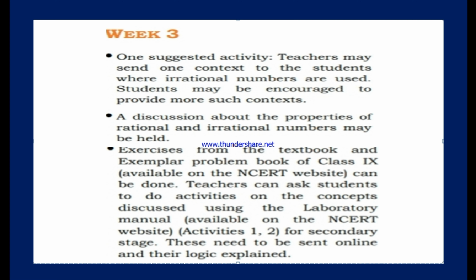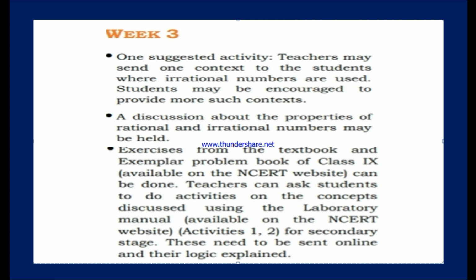One suggested activity: teachers may send one context to the students where irrational numbers are used. Students may be encouraged to provide more such contexts. Second point, a discussion about the properties of rational and irrational numbers may be held.